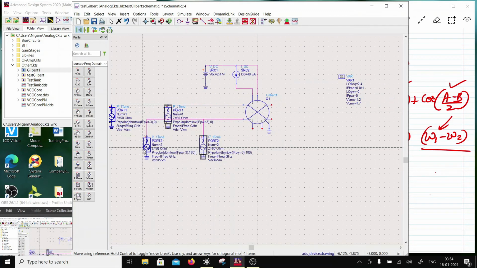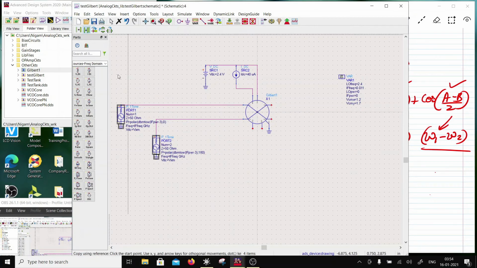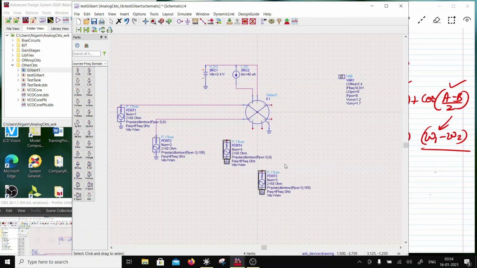Another differential input is for the LO. So I'm going to just copy these two and place them over here. Here, instead of IF power, I'll do LO power, and this will be LO frequency.